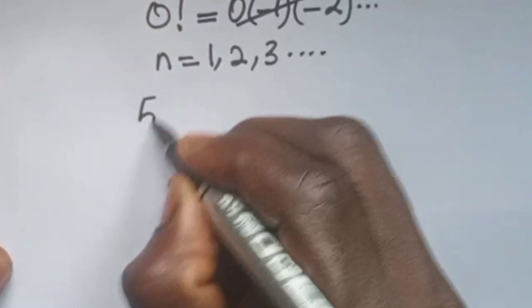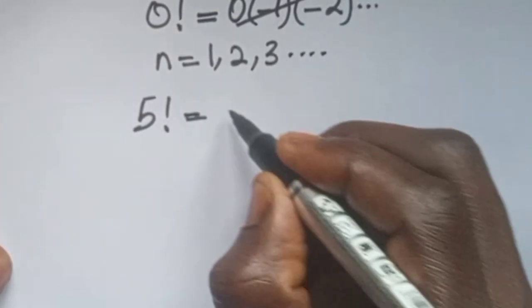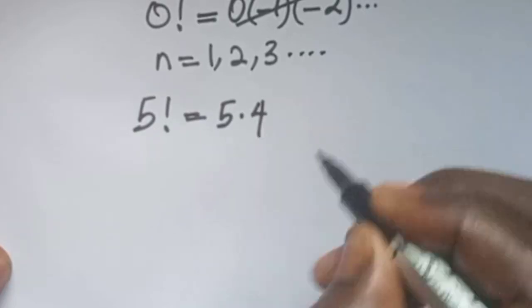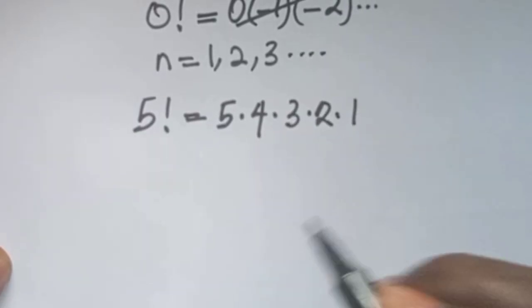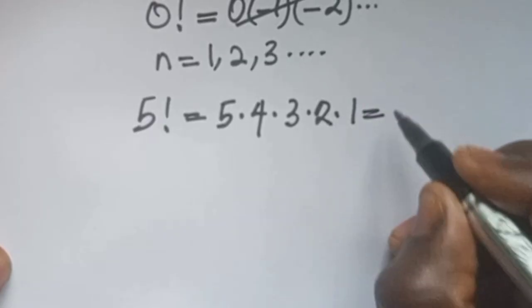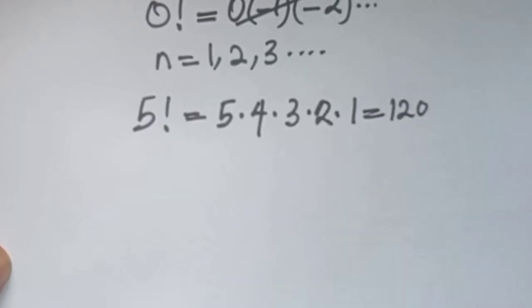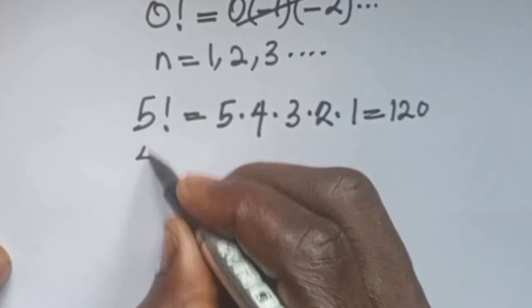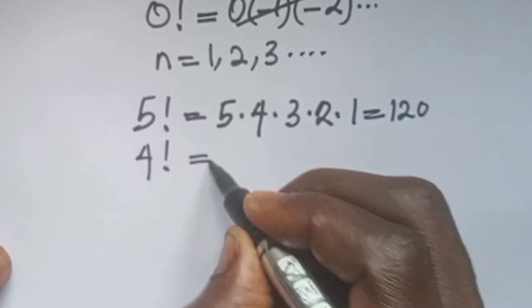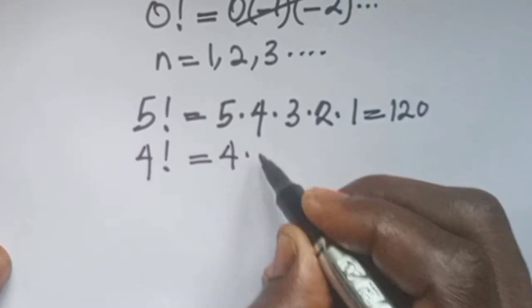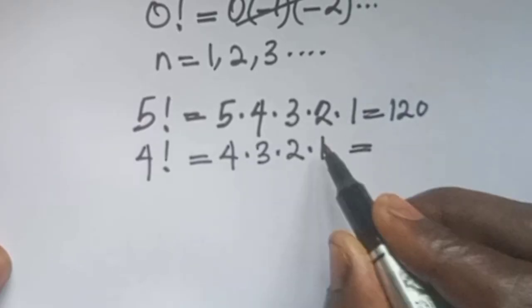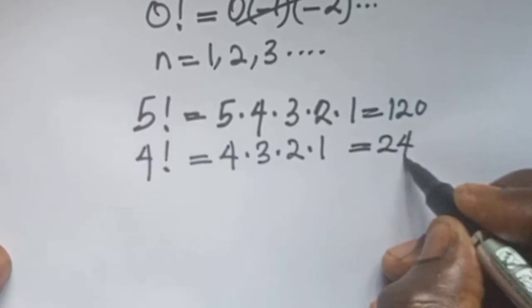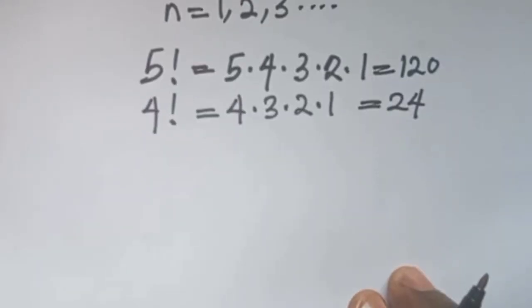If we consider 5 factorial, which is represented as 5 times 4 times 3 times 2 times 1, we have 120. And 4 factorial in the same vein is 4 times 3 times 2 times 1, which computes to 24.